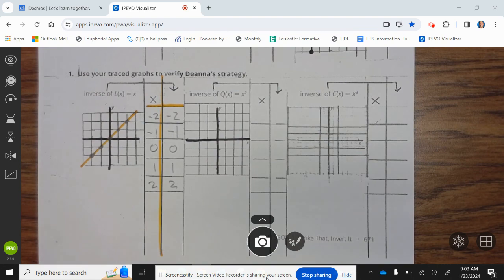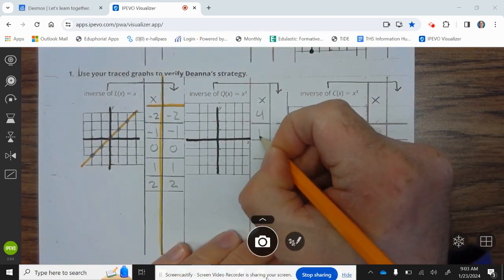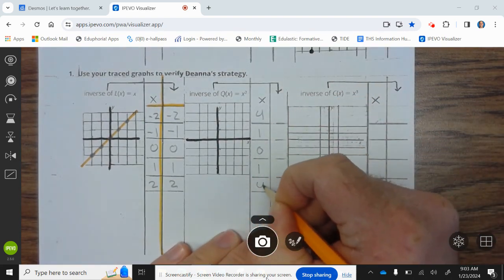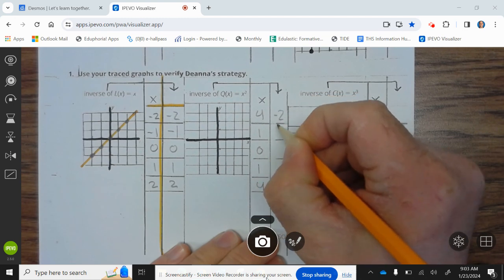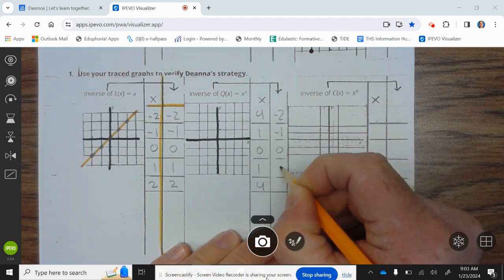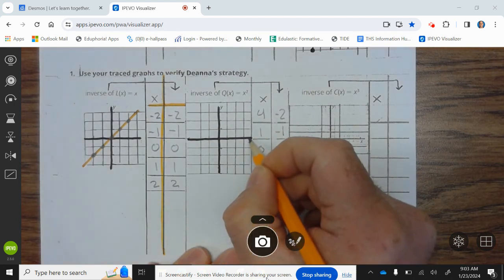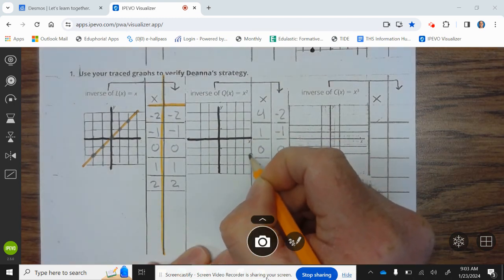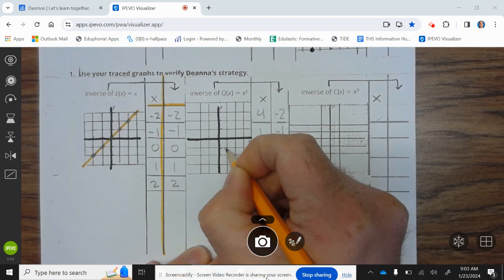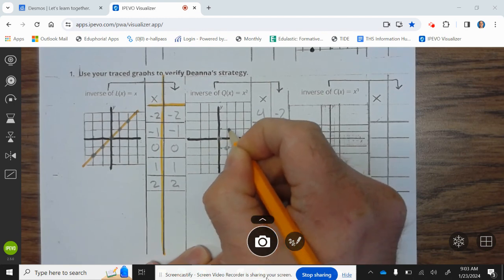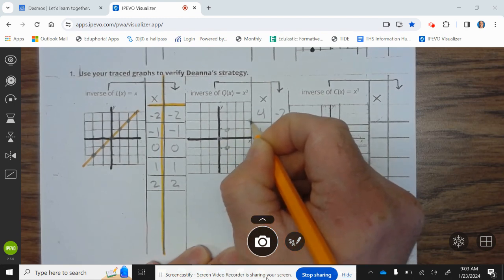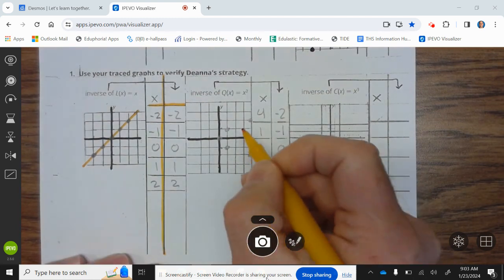And then this is 4, 1, 0, 1, 4, -2, -1, 0, 1, 2. So 4, 2, 1, 1, 0, 0, 1, -1, 4, -2.